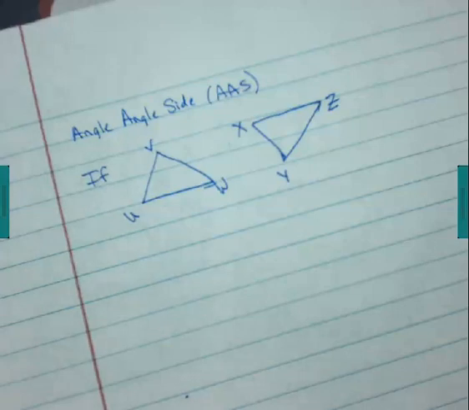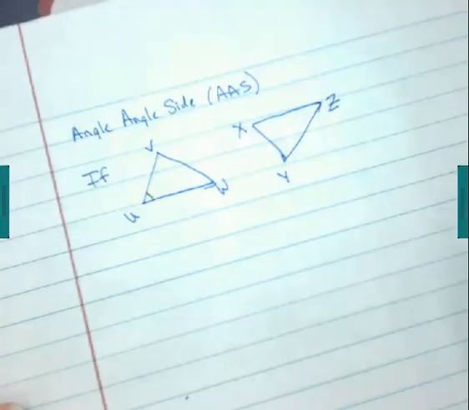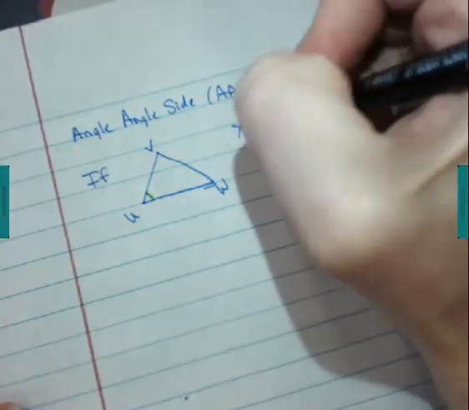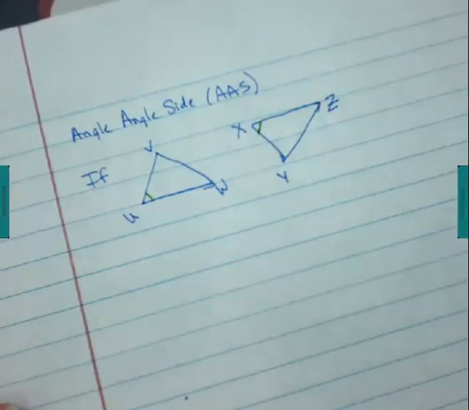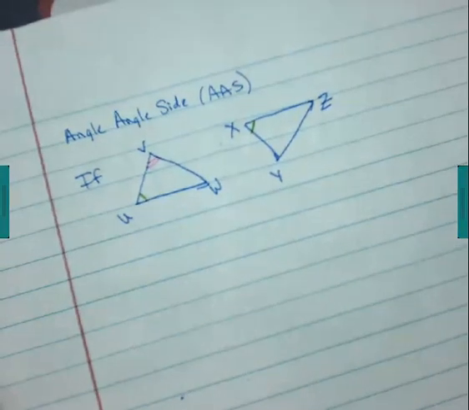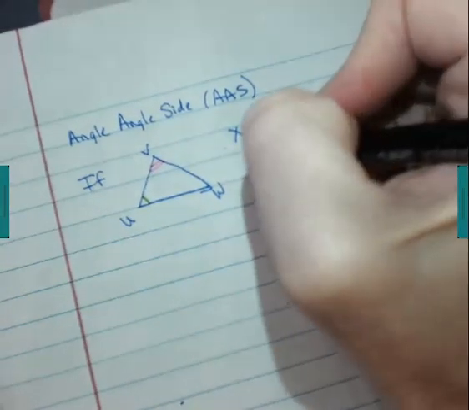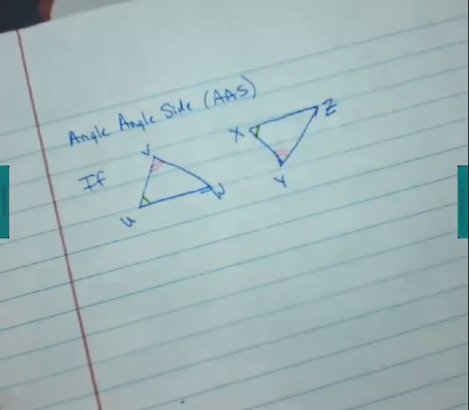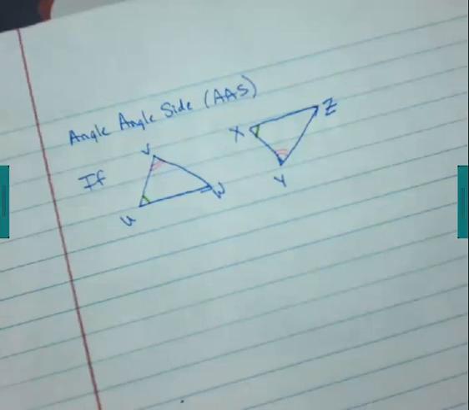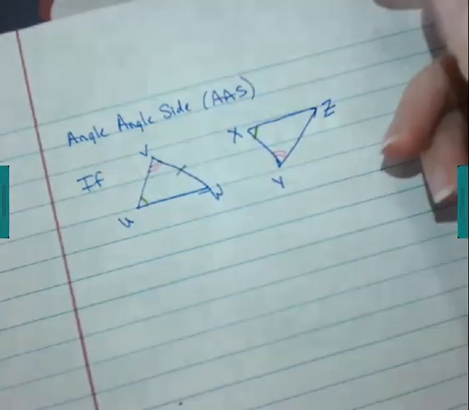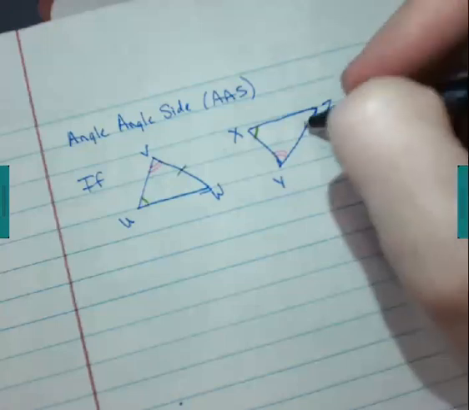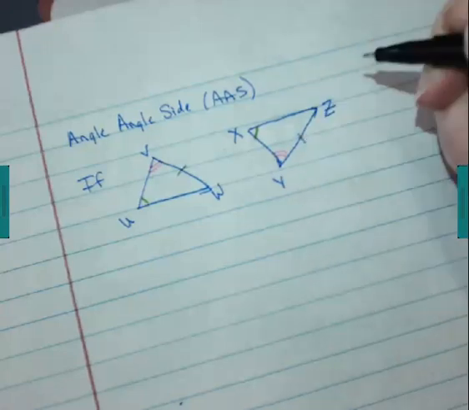So I'm going to start with angle U, if that is congruent to angle X, and then I'm going to look at angle V, and I put the two markings there and say that that is congruent to angle Y. And then lastly, VW, that side is congruent to YZ.